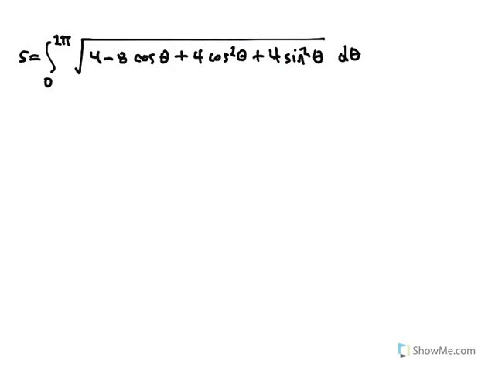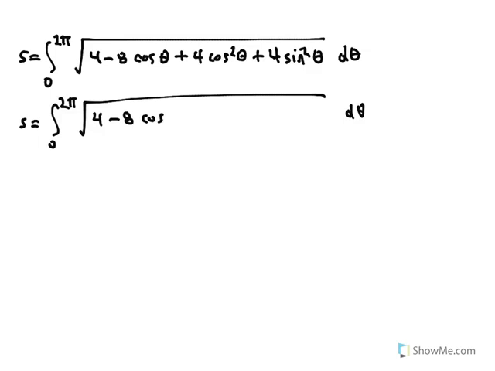So how do you evaluate this definite integral? You're just going to go one step at a time, doing what you can to simplify the integrand. Now you can simplify the radicand of the integrand as follows. You can write 4 minus 8 cosine theta, and for these two terms you can see that they have a common factor of 4. So you can factor out 4, and from the first term you'd be left with cosine squared theta, and from the second term you'd be left with sine squared theta.